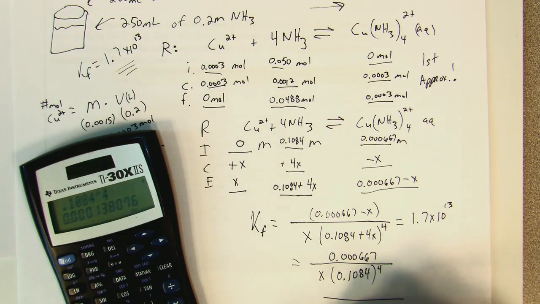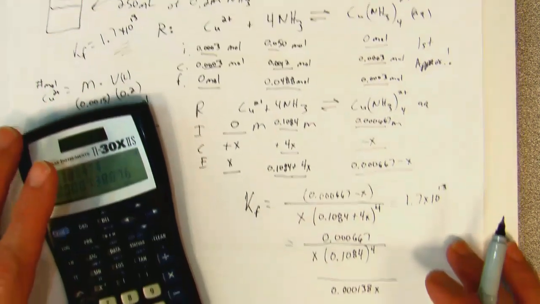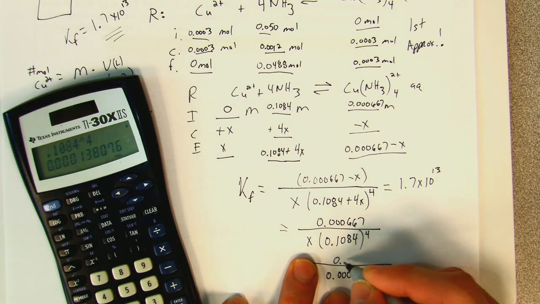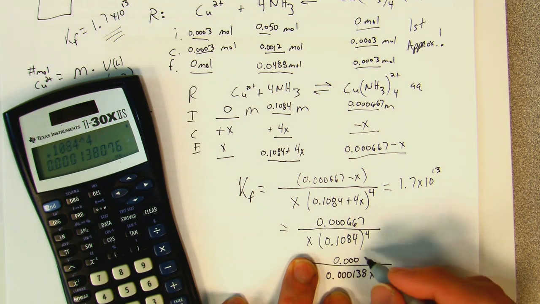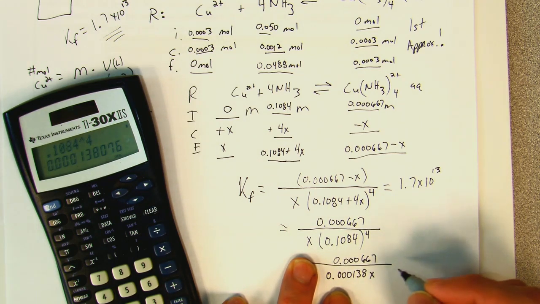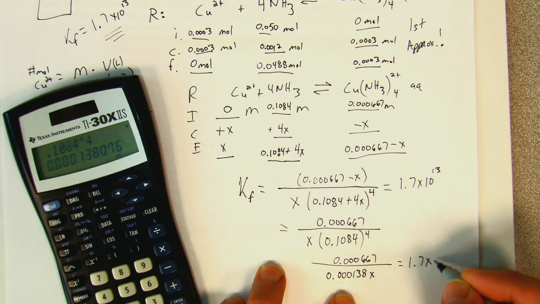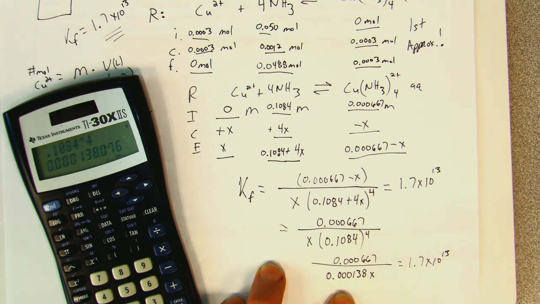Seems like I got 0.000138 x, and that's now in my denominator. Raise this to the fourth power, and I got that number. I hope that that's right. And then in the numerator, 0.000667, and this still equals my Kf, 1.7 times 10 to the 13th.